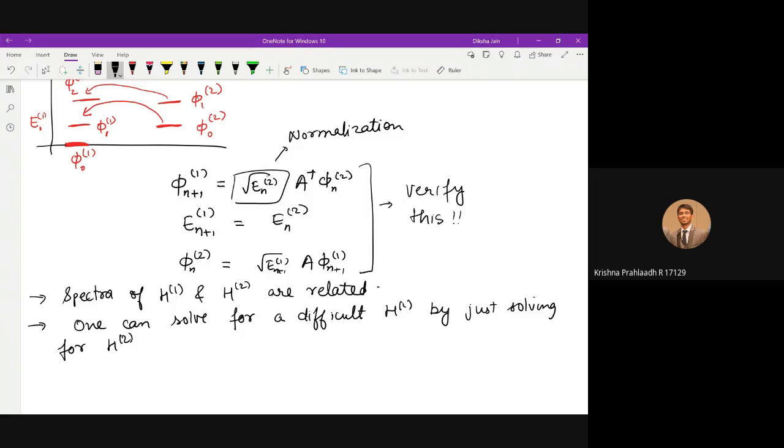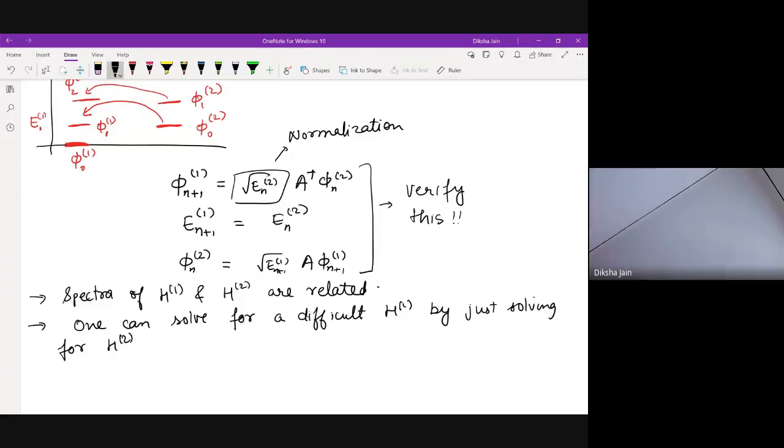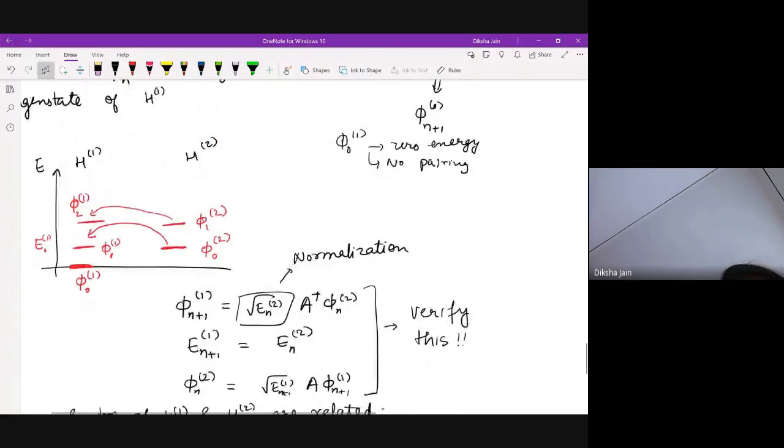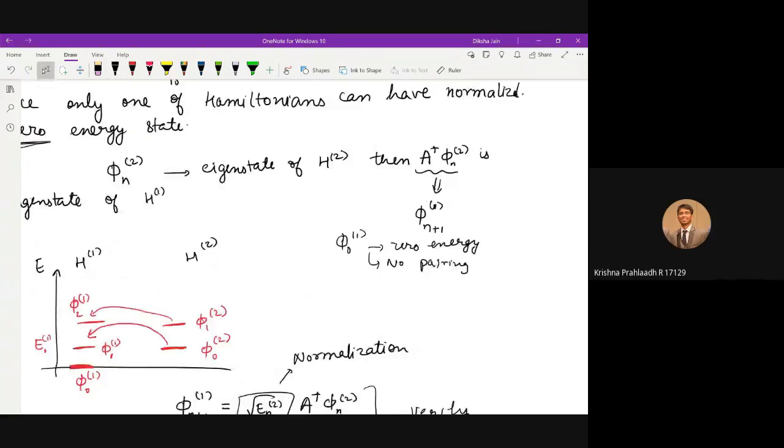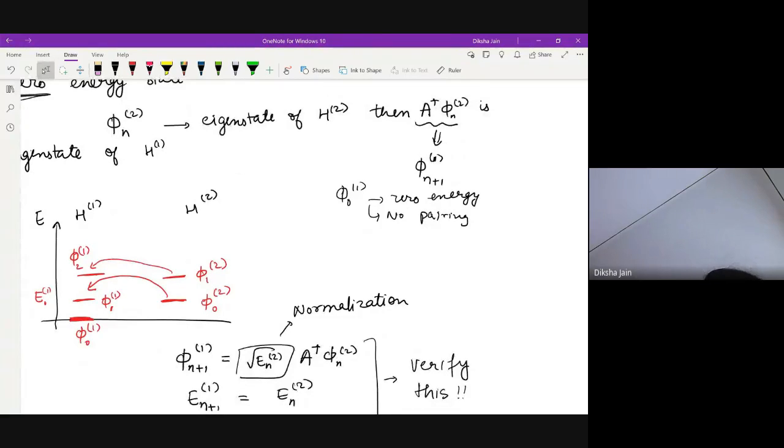Yes. Excuse me. How did we prove that the nth state of 2 is related to the n plus 1th state of 1? Okay, so this is basically from here. Since the zeroth state of 1 should not have pairing with anything, because the zeroth state of 1 has zero energy, because I already assumed that H1 is the one which has a zero energy state. So this will not have any pairing. Now the zeroth state of 2, meaning its energy is non-zero, but it's the lowest energy state.